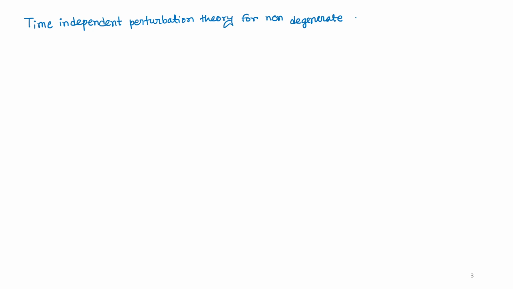But that is a little bit difficult to follow, and the questions will mostly come from the non-degenerate part, but we should also check those formulas so that if some numericals come, we are able to solve them. So for now we'll only discuss non-degenerate systems.